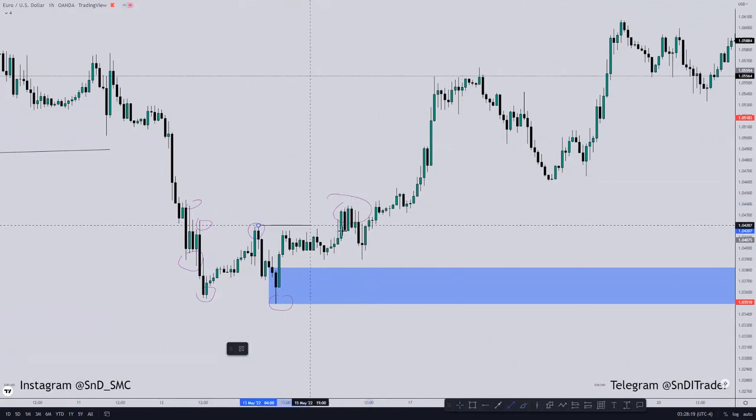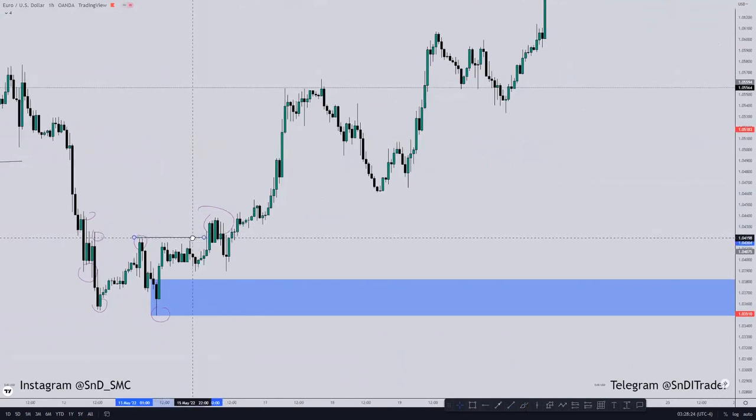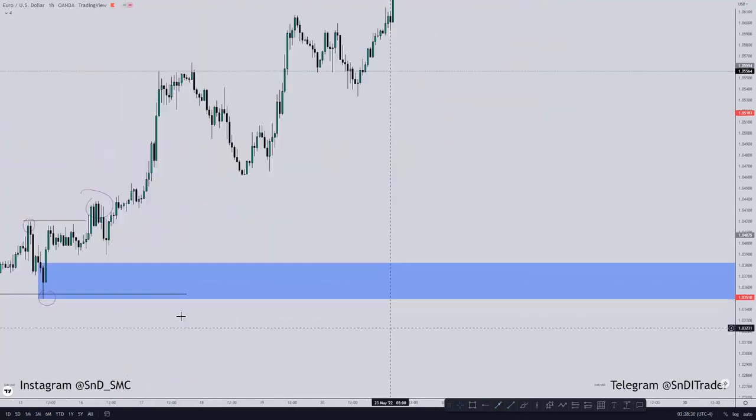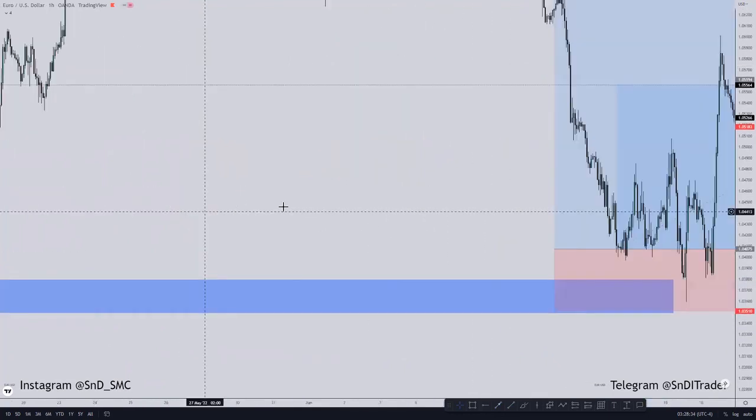So we have taken market structure towards the upside, and the entry will be here. The stop loss will be here. So you can just select the whole last candle as your point of interest.